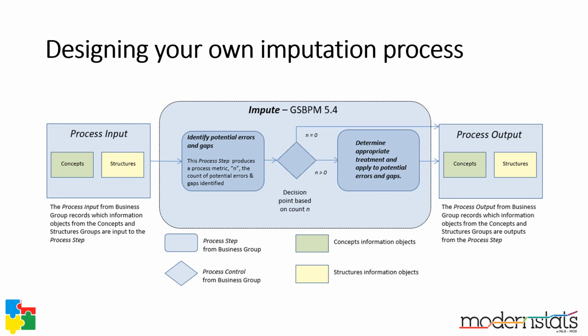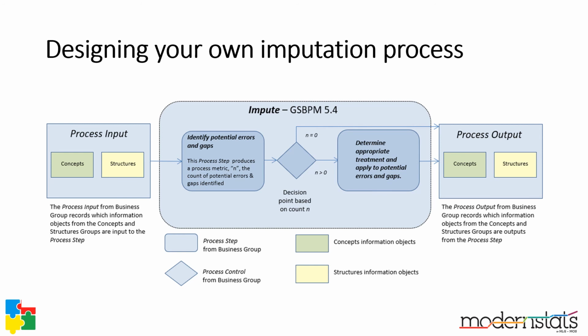But in the middle, as you can see, first you will identify potential errors and gaps. And this sub-process produces a process metric, N, the number of potential errors and gaps that are identified. You would then have a decision point saying what you're going to do.